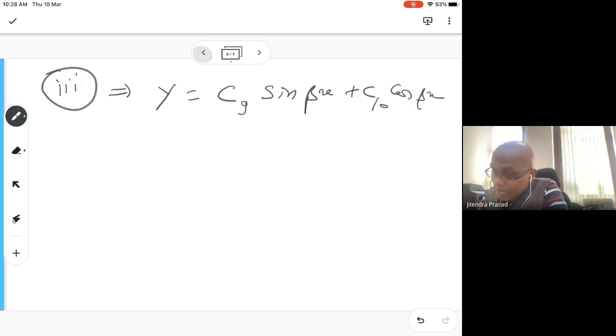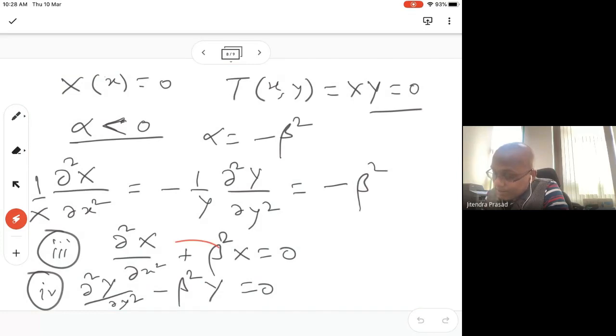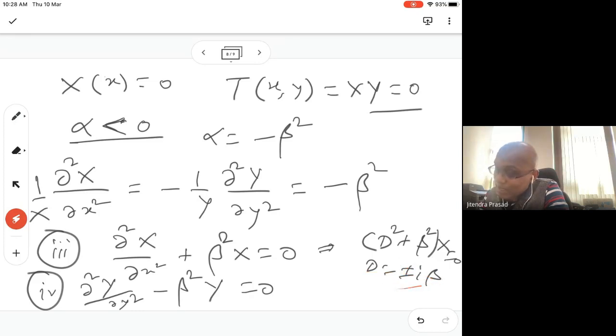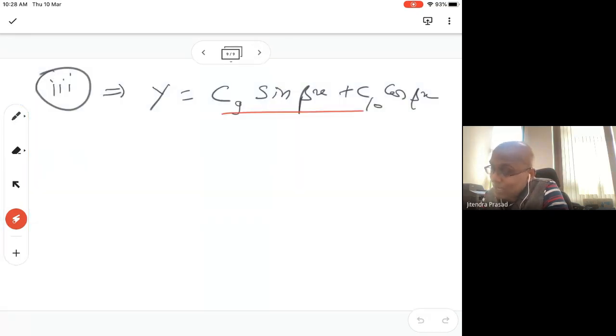Why? Because here d square plus beta square, x equal to 0, and d is equal to plus minus i beta. So e to the power of this means sine and cosine terms will be there. That's why we have sine and cosine terms. Sorry, this will be x, not y.